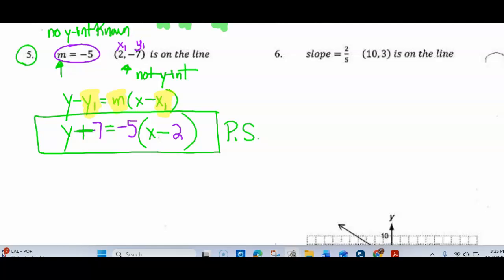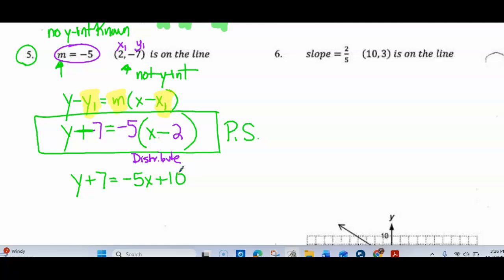Now, the direction said to write it in slope-intercept form. Slope-intercept form is when y is by itself. So we learned in class, when you have point slope, the first thing you have to do is distribute over on the right. So we're going to distribute above my word distribute. And when I do, I keep y plus 7 equals, I'm going to distribute and get -5x plus 10.